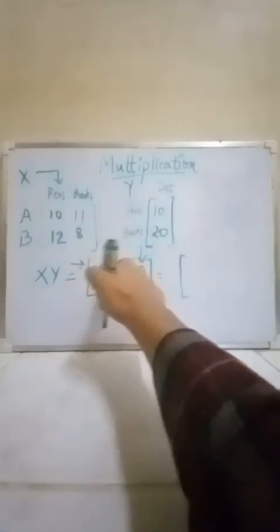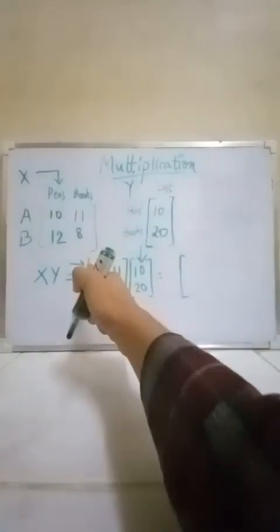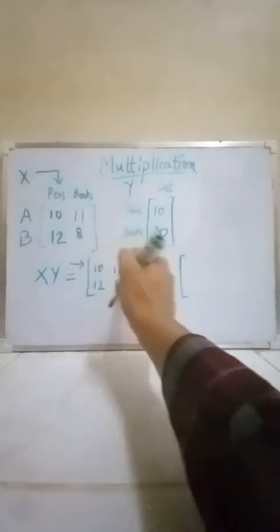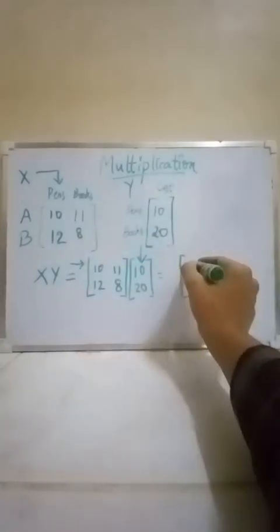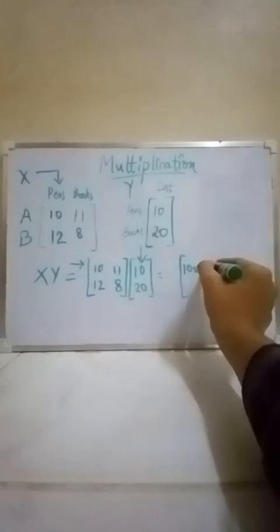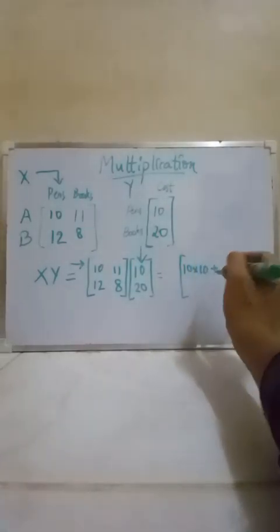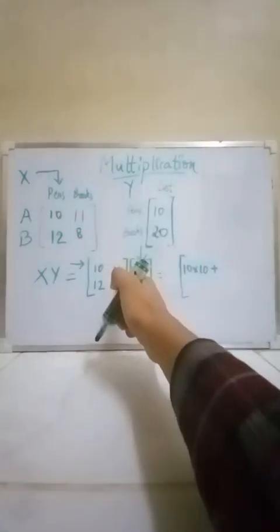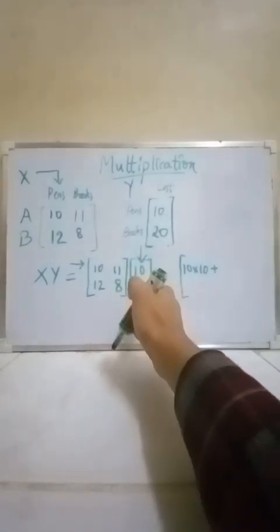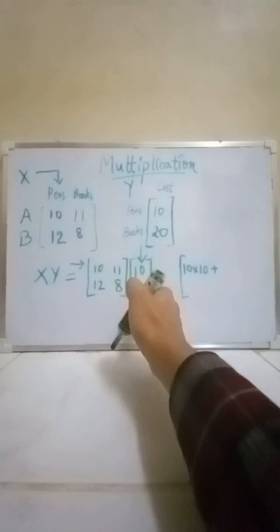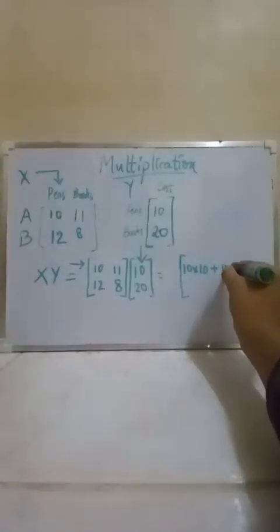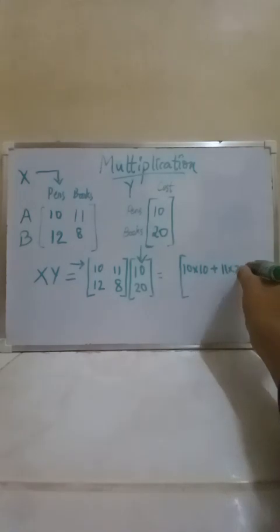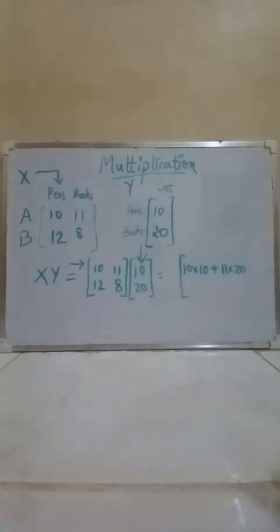So 10 times 10, first element with first element. Now add the second element in the first row times the second element in the first column of the second matrix, 11 times 20. This is the first element of the final matrix.